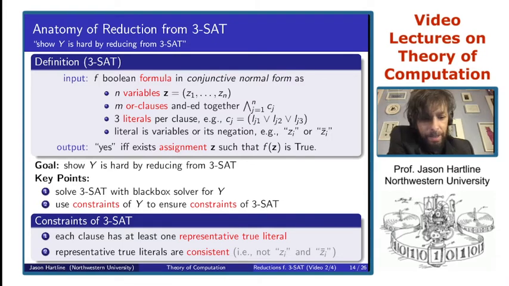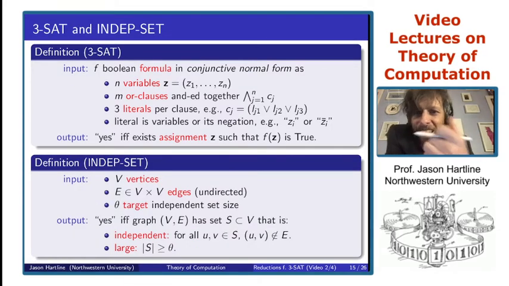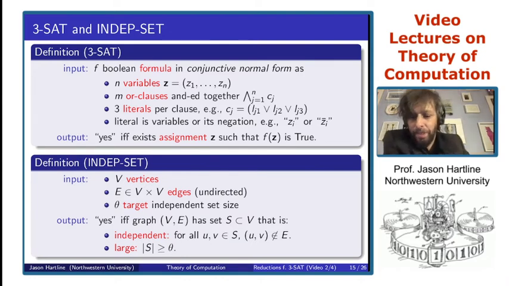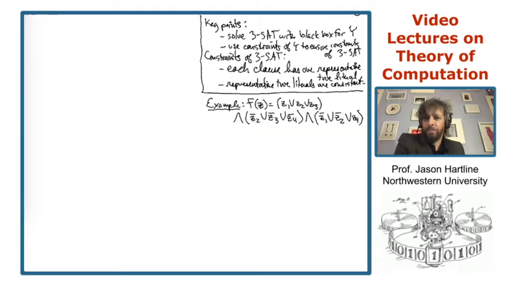Great. So that is what we're doing. Again, our problem today for this video is to reduce from 3-SAT to independent set, showing independent set is at least as hard as 3-SAT. Again, independent set is trying to find a subset of vertices that is independent and large. Great. Let's jump in.